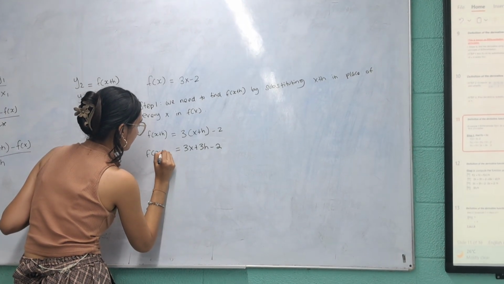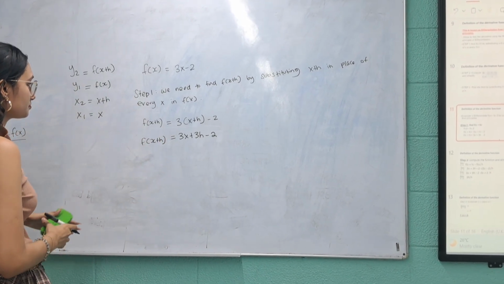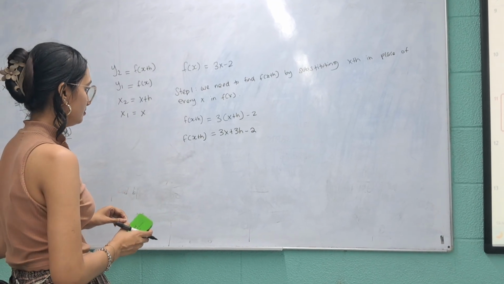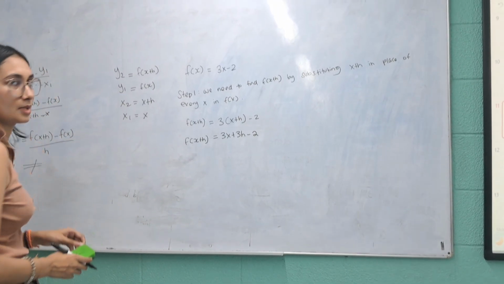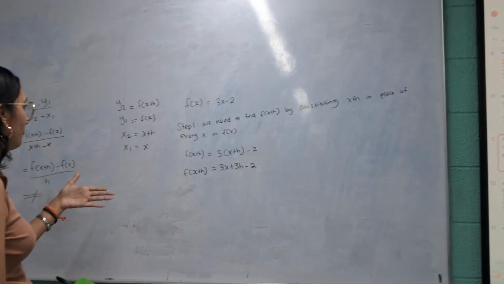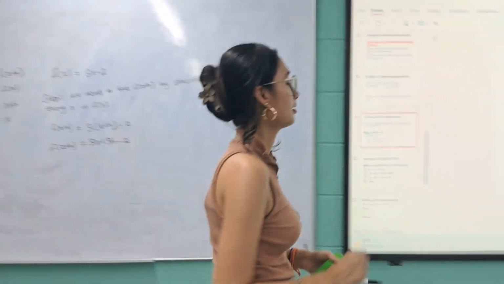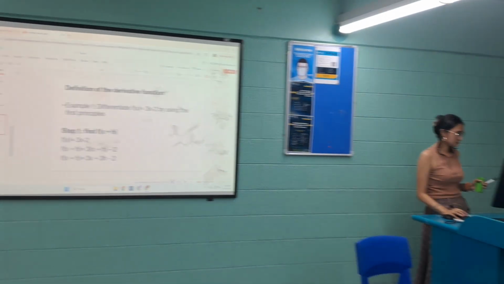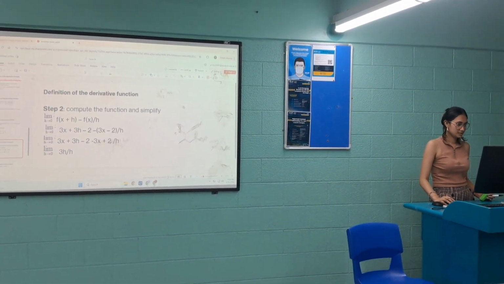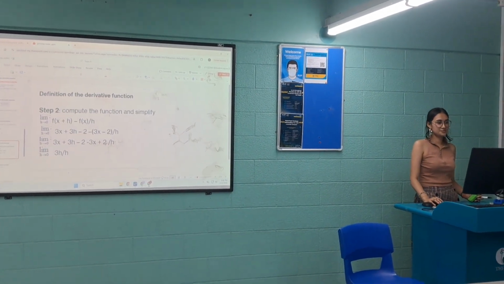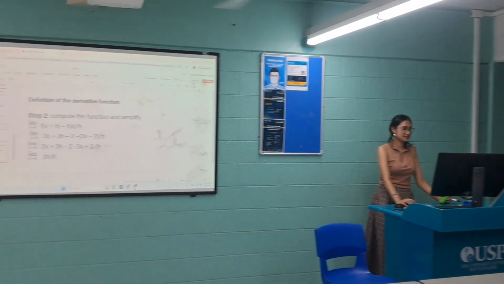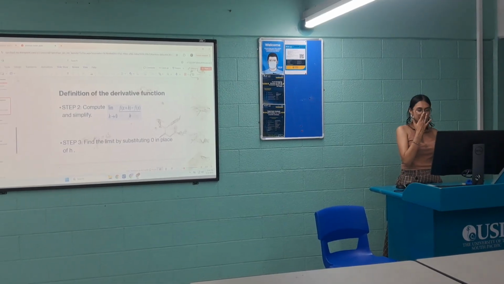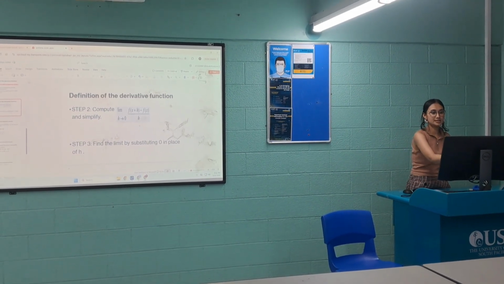So our f of x plus h is 3x plus 3h minus 2. So this is basically our step 1. And our step 2, we will compute the function and simplify. And which function will we compute? Those expressions using this formula.